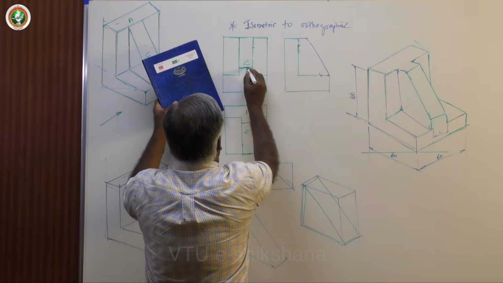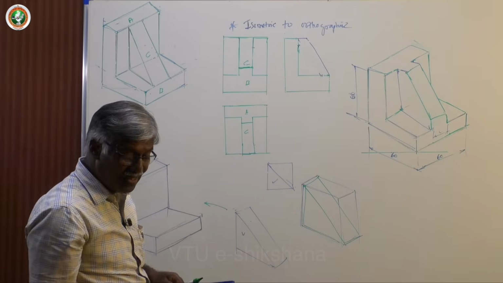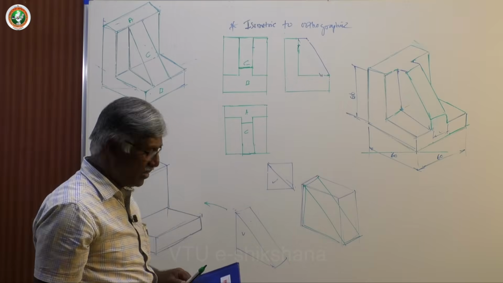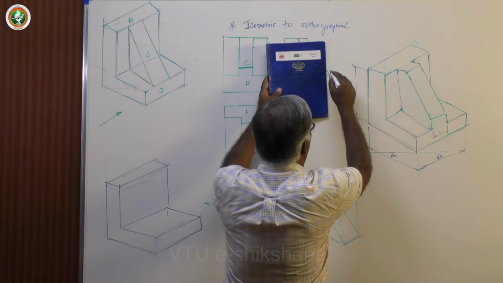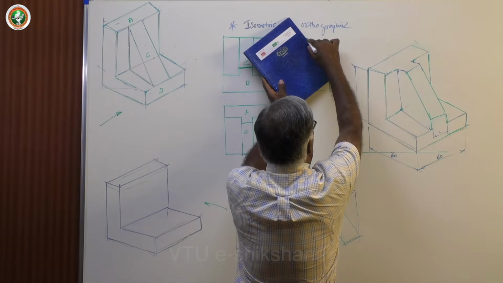Okay. Changes are over. Now, what about side view? Side view also, same type of thing is available here, that is extended for 10 mm, then join this with the existing one.